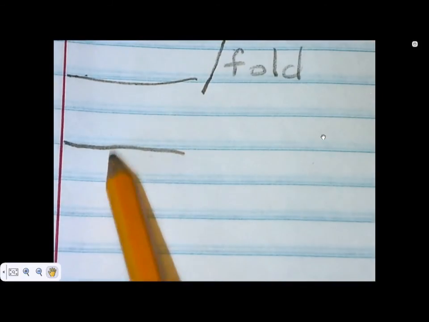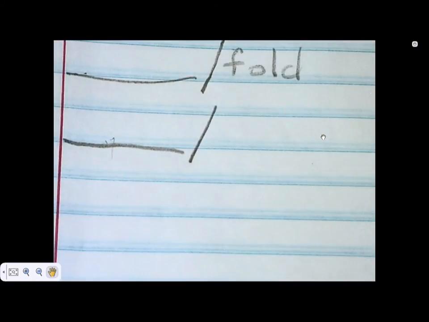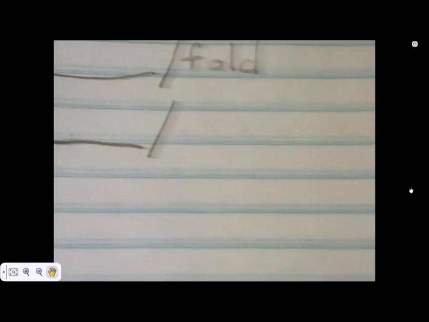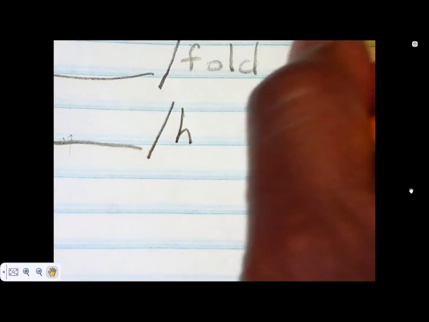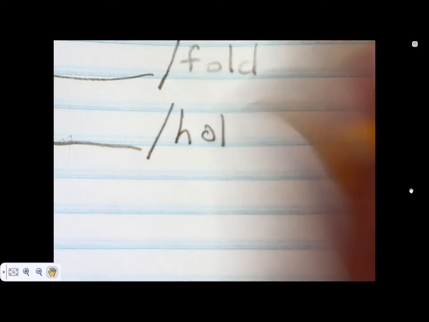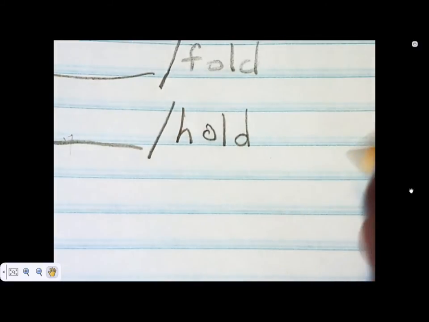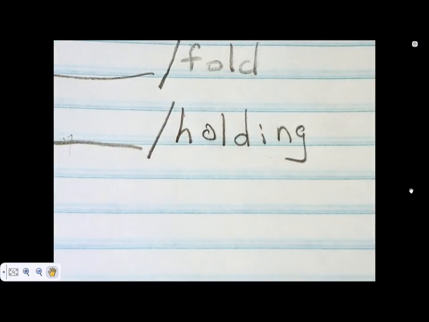Just imagine that those are your letters that you attempted. Now draw a line next to what you did on the paper. Now, holding: hold, suffix ing, holding.